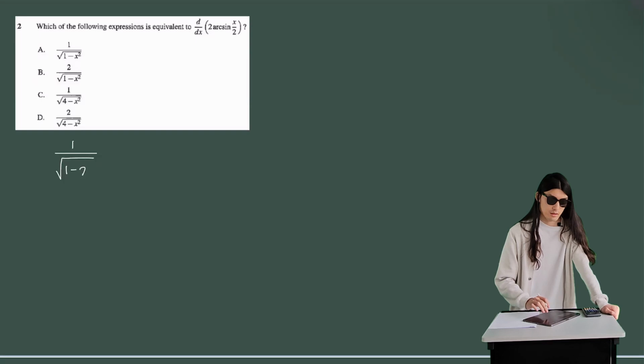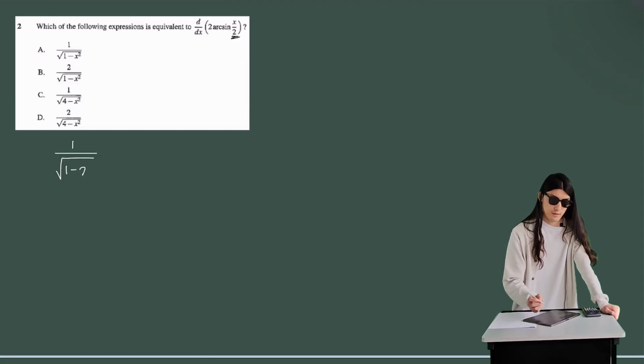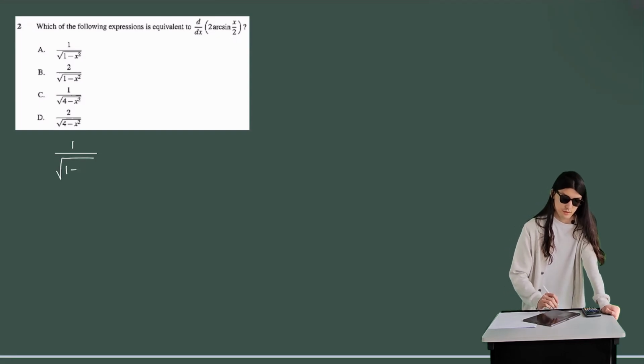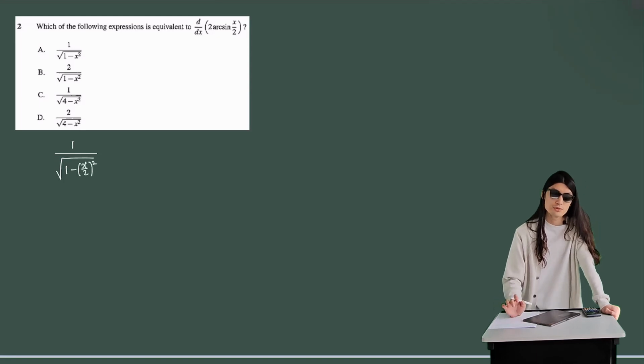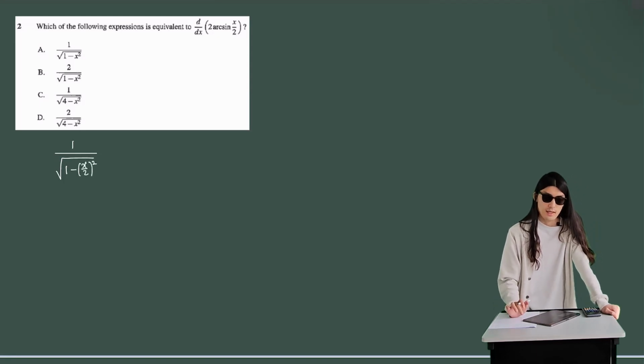But instead of inverse sine x, as we can all see, we have x on 2. So I would also have x on 2 instead of x in my derivative.